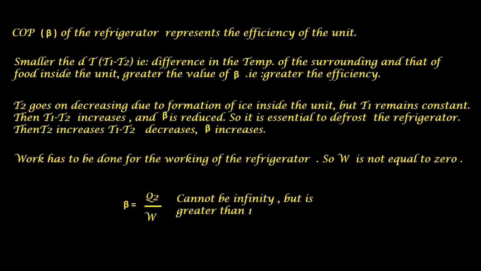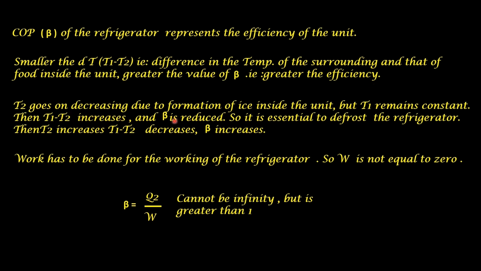I will just note down these points here. I have given all the points here for you to refer. Coefficient of performance beta of the refrigerator represents the efficiency of the unit. Smaller the delta T, that is T1 minus T2, that is the difference in the temperature of the surrounding and that of the foodstuff inside the unit, greater the value of the coefficient of performance. That is greater the efficiency.